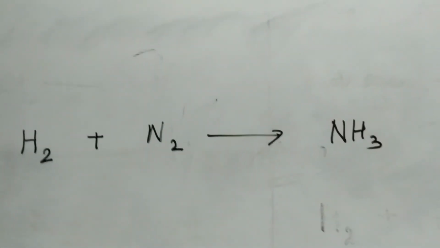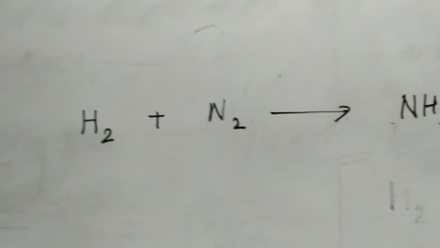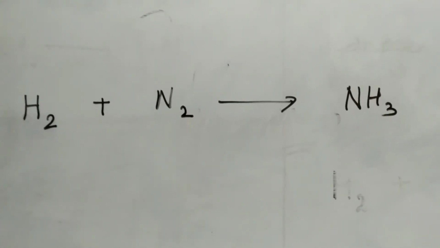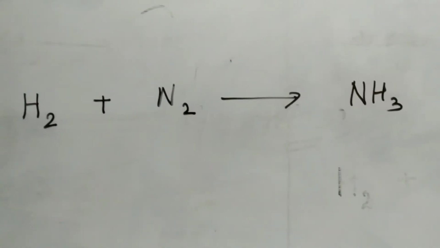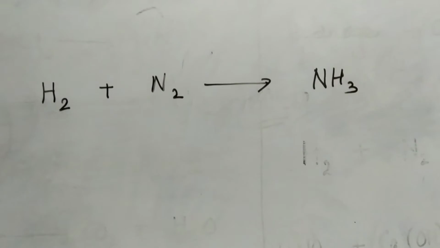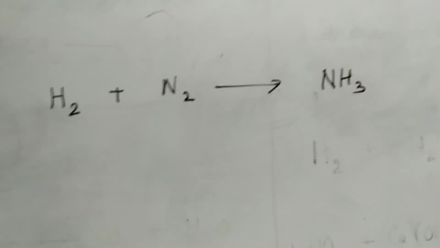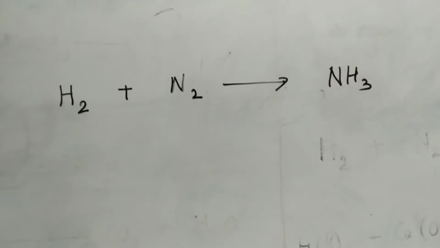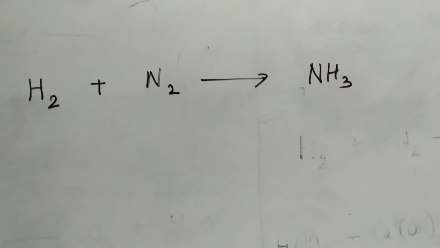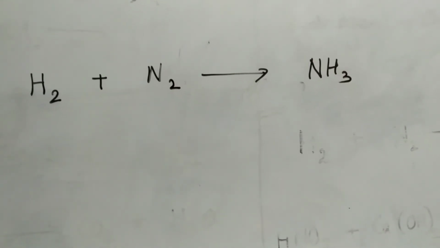In this example, H2, hydrogen gas, plus N2, nitrogen gas, is forming ammonia, NH3. I think this one will be easier for you now because we have already done 2 similar examples. Hydrogen gas, it's 2 on the reactant side. Product side, there are 3.